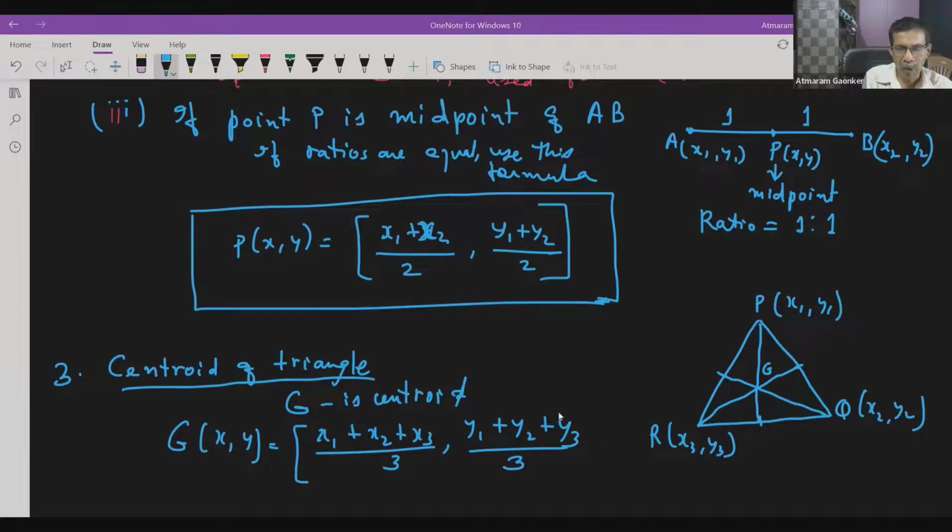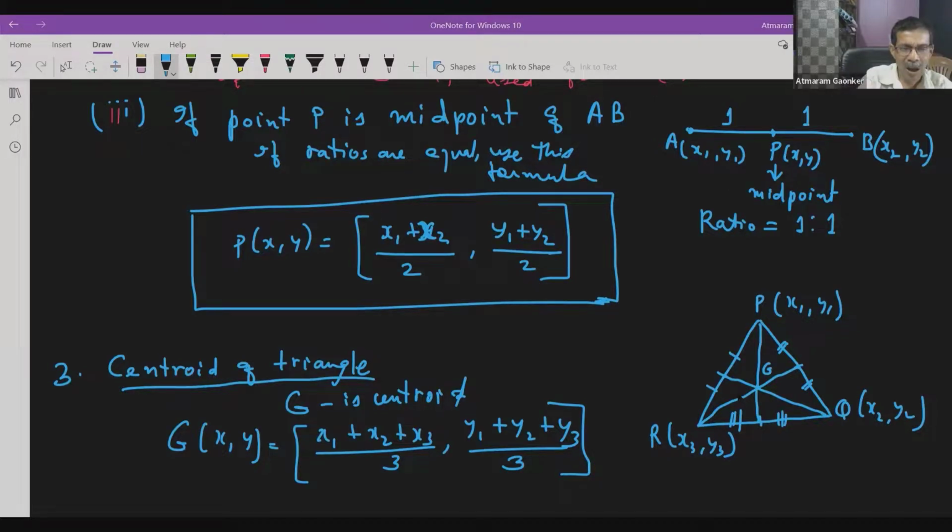It's simple to remember the centroid. This is just additional because problems on centroid can be asked, then you can remember this. So these two sides are equal, and these two parts are equal, and here we get the centroid.